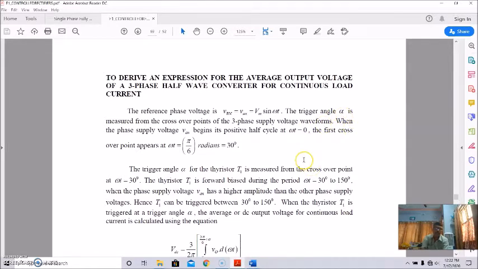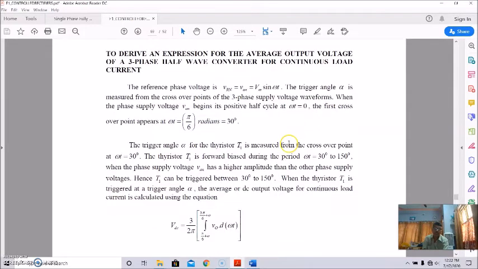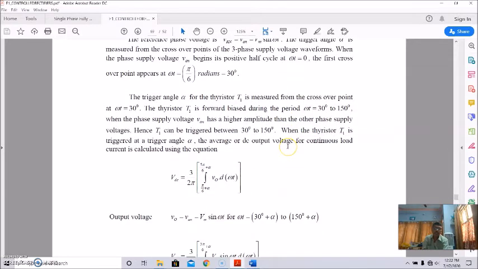Alpha is measured from this crossover point of the three-phase supply voltage waveform. When the phase supply voltage Vn begins its positive half cycle at omega t equal to 0, the first crossover point appears at omega t equal to pi by 6, that is 30 degrees, and the trigger angle is alpha.